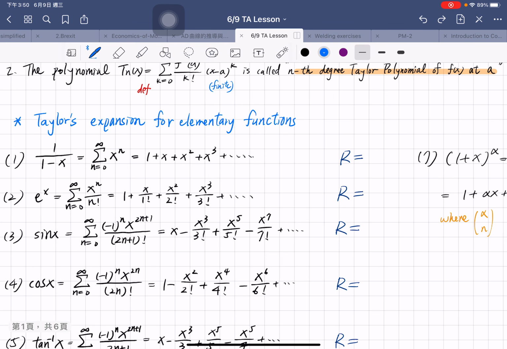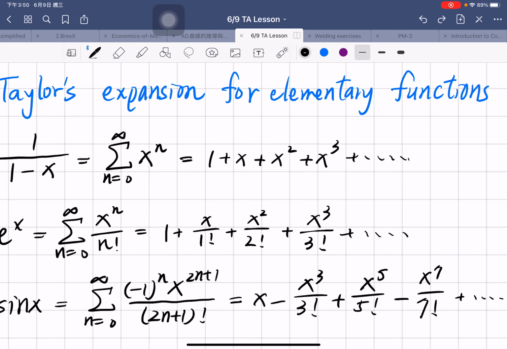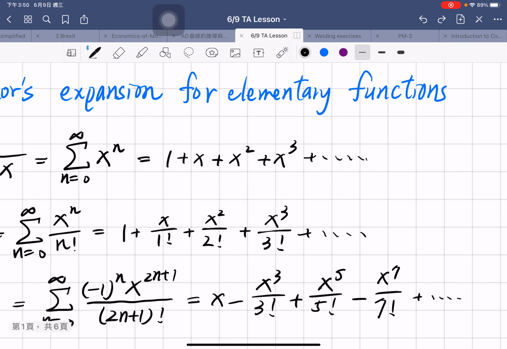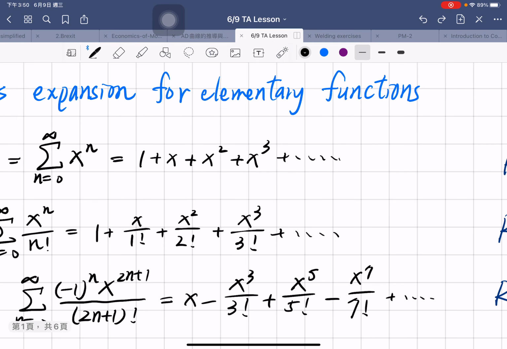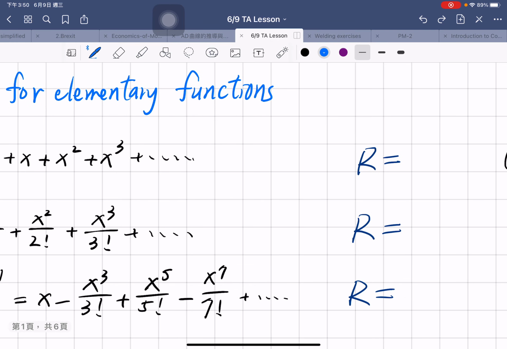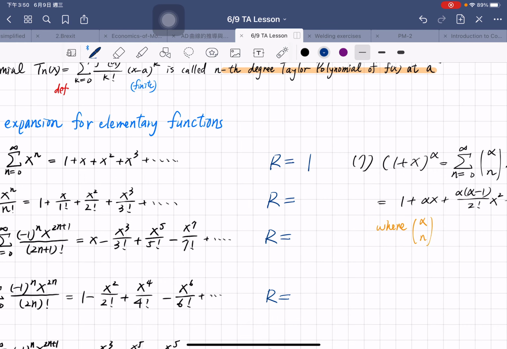The first one is 1 over 1 minus x. We know that it equals the sum over n from 0 to infinity of x to the n power, so it would be 1 plus x plus x squared plus x cubed, and so on. Our radius of convergence in this situation is 1.